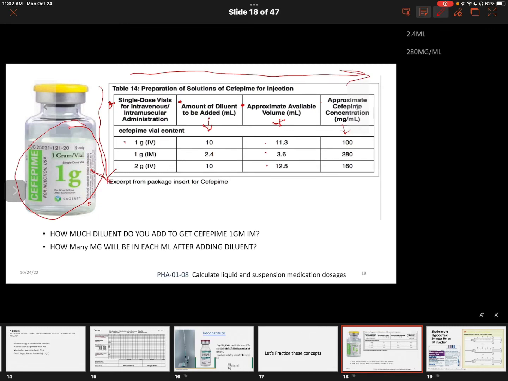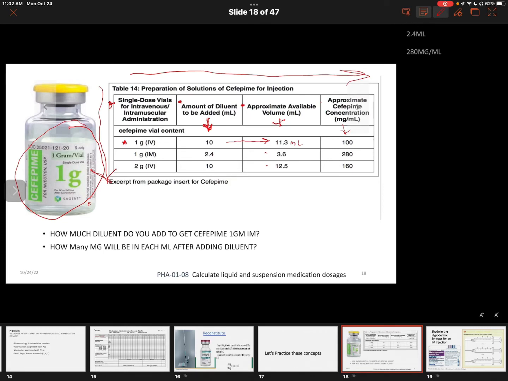So let's read over here. 1 gram IV. We would add 10 milliliters of fluid. When we add 10 milliliters of fluid, we'll end up with 11.3 milliliters of fluid in that bottle.